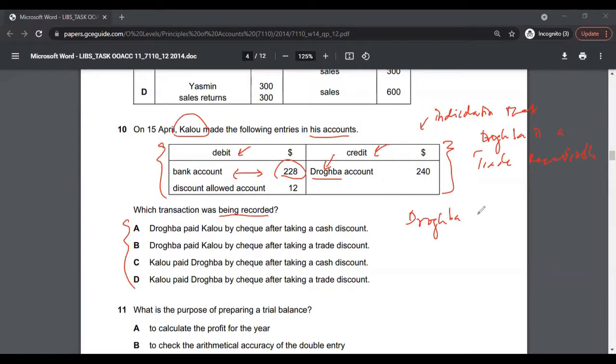So Dorgba paid $228 after getting $12 of discount. So let's see what options are saying. Dorgba paid Kalu by check after taking a cash discount. Yes, the answer to multiple choice 10 is actually option A.